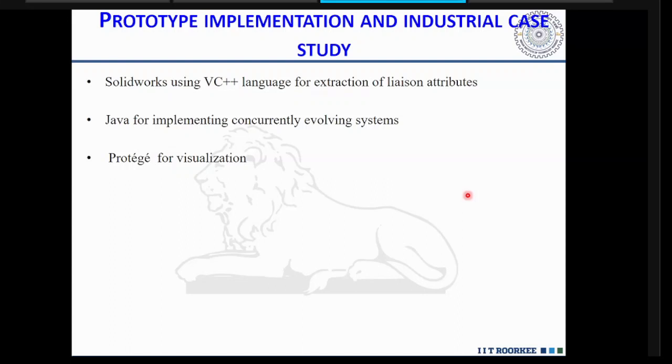We have developed a system for industry use. We have used the SolidWorks API with the VC++ language for extraction of the liaison attributes, and we have used Java for implementing the concurrently evolving systems and properties for visualization.